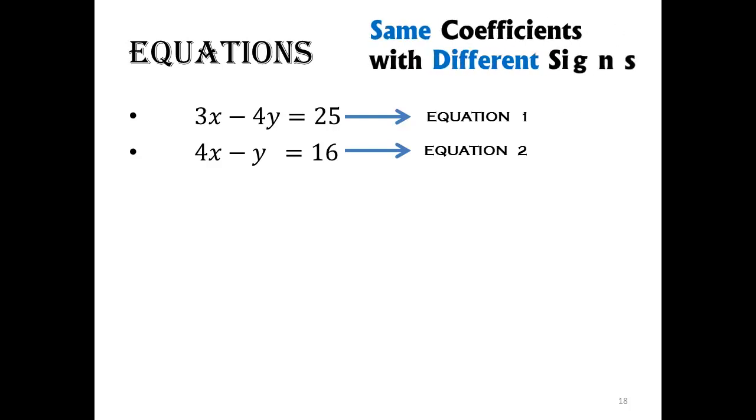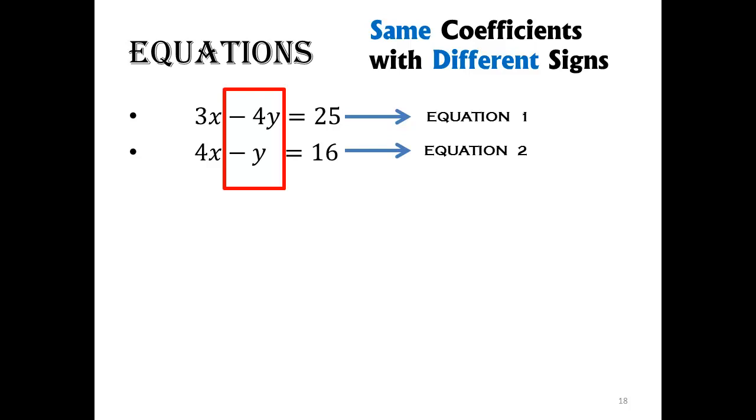To eliminate y, both y should have the same coefficients but with different signs. But right now one y has coefficient 4, the second has coefficient 1, and they don't have different signs, they have the same signs.